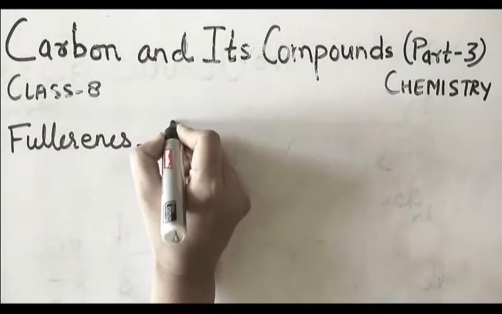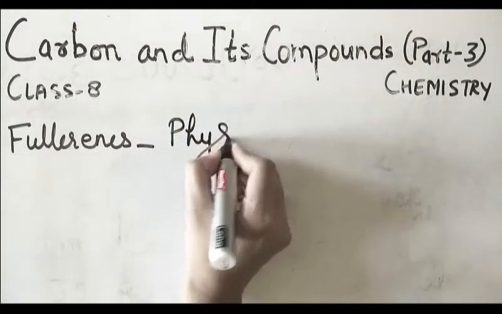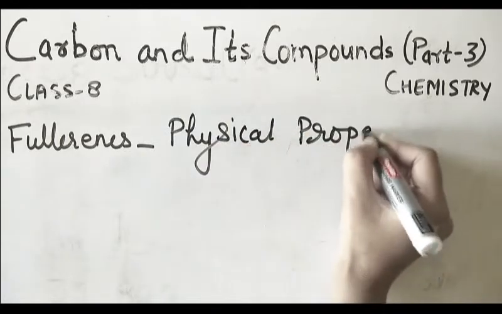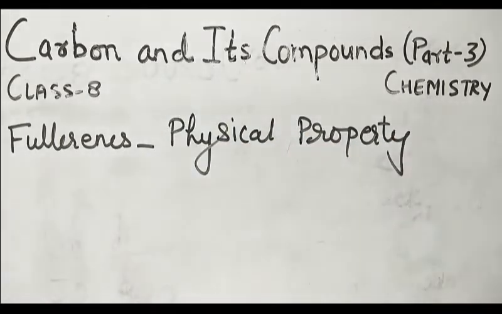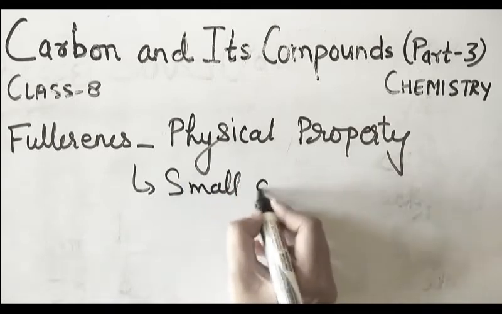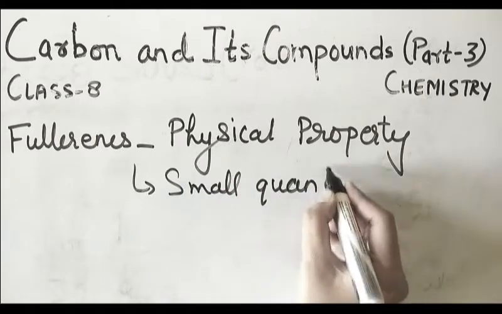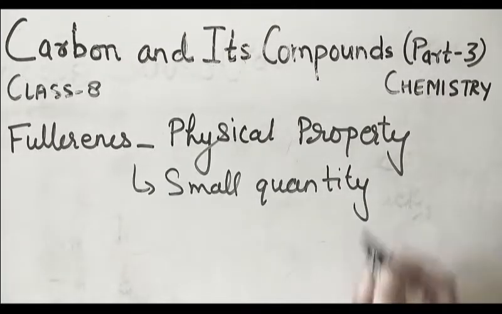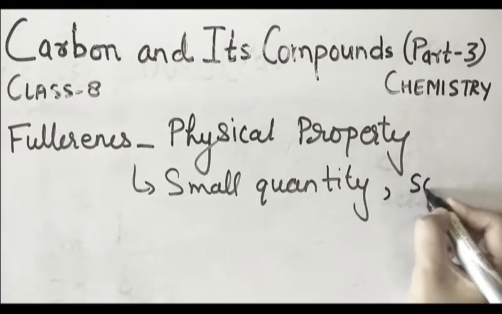So if we discuss the physical properties of the fullerenes, they are present in nature in a very small quantity. If we discuss the structure, they can be found in the form of soot.